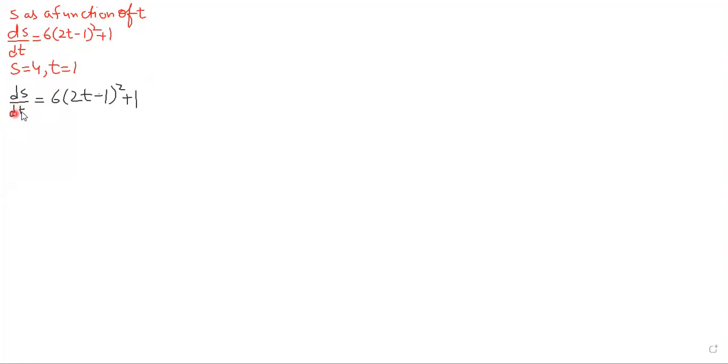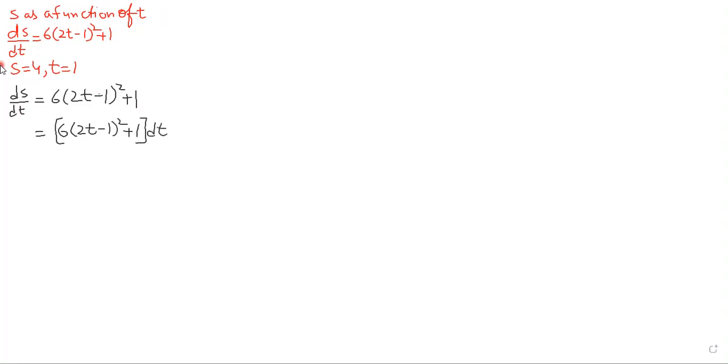I will write this whole thing again, (2t minus 1) whole square plus 1, multiplied by dt.